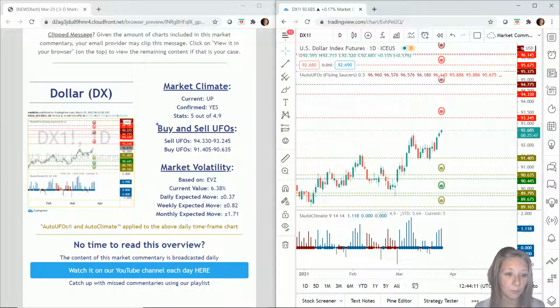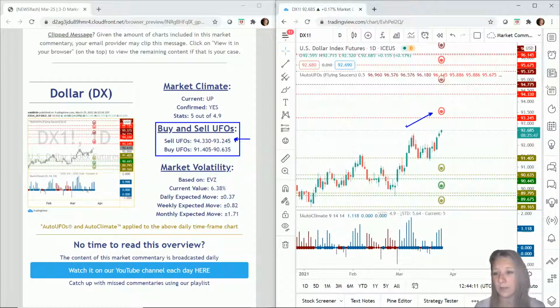So when it comes to buy and sell UFOs, we have sell UFOs here that it looks like we're on the way to, at 94.33 to 93.245. We then have buy orders just here. And again, they've already worked, they've worked twice. The numbers for that are 91.405 to 90.635.